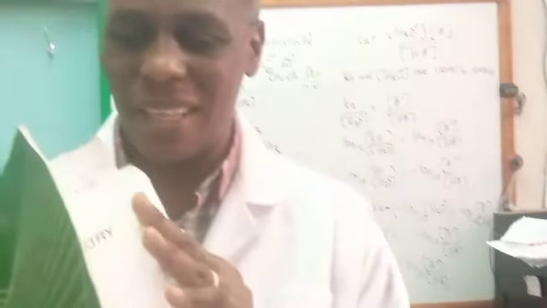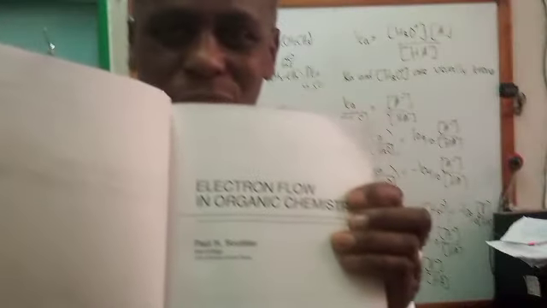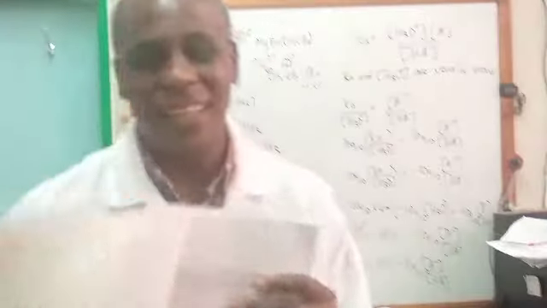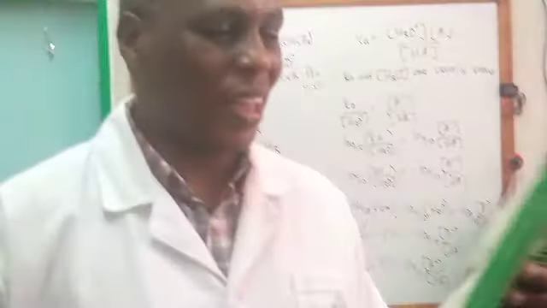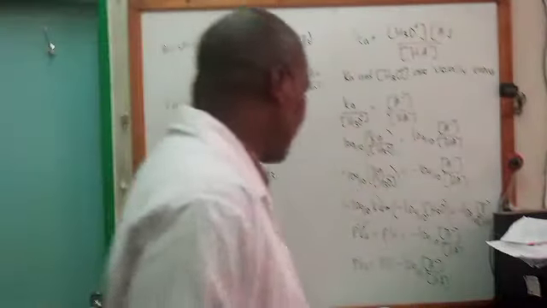To me, it's by far the world's best book on mechanism. It's by Paul H. Scudder, and in the Google Docs, the latest version of this book is available. So that one will give you information about that.